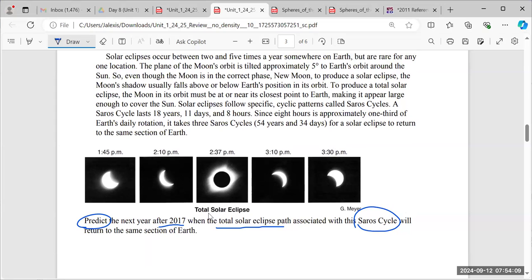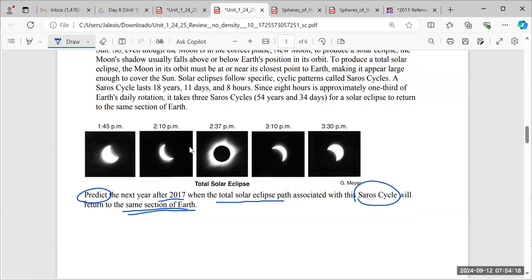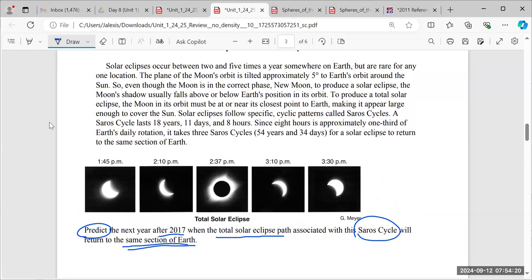Okay? So here's some of the things to keep in mind. It says will return to the same section on Earth. So in the reading, it tells me a Saros cycle lasts 18 years.